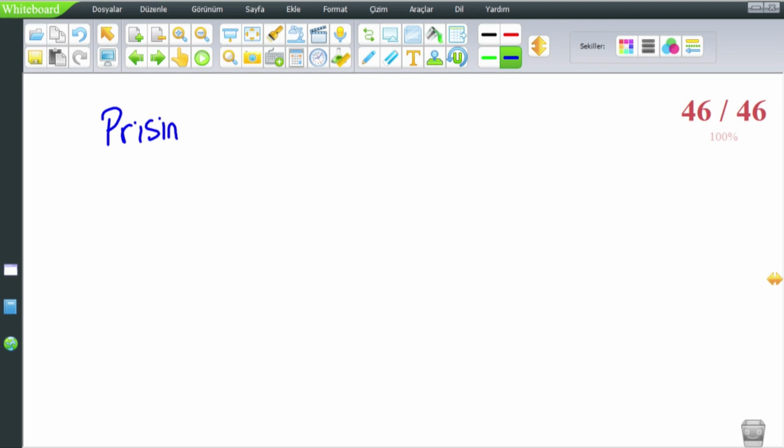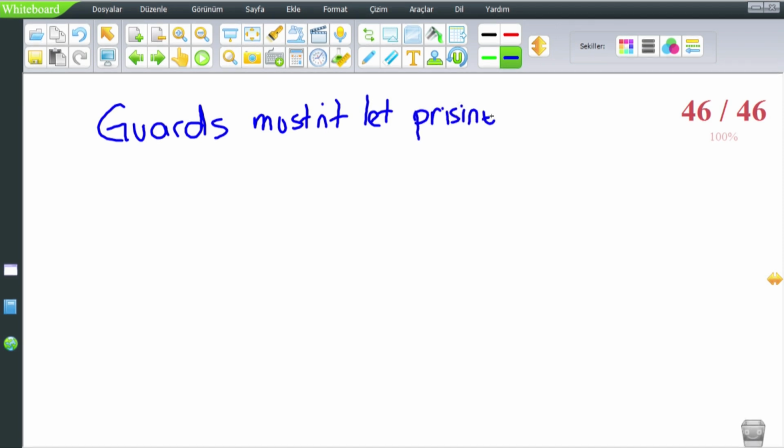Prisoners or guards mustn't let prisoners fight.